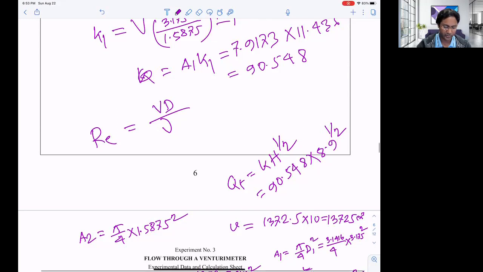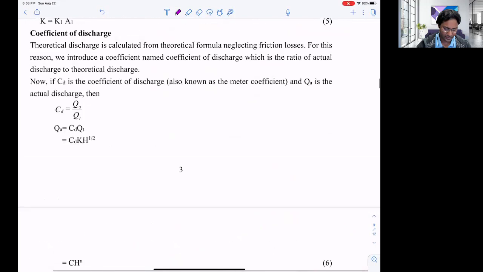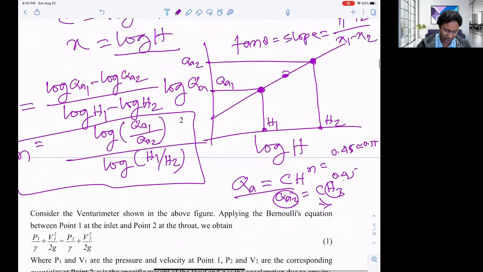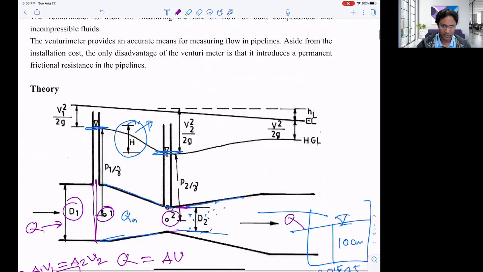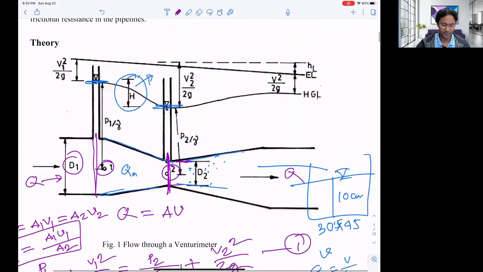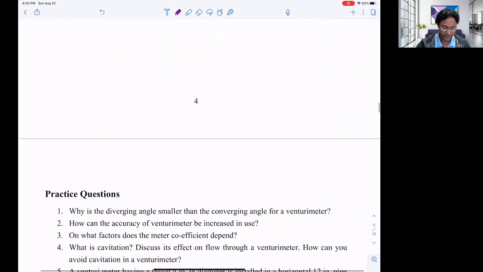Since we are trying to calculate the Reynolds number at section number 2, we need to know the velocity at this section and the diameter at section number 2. Then we can calculate the Reynolds number.